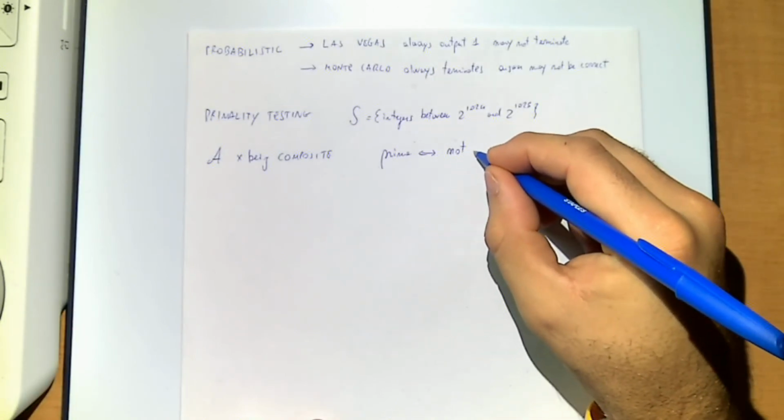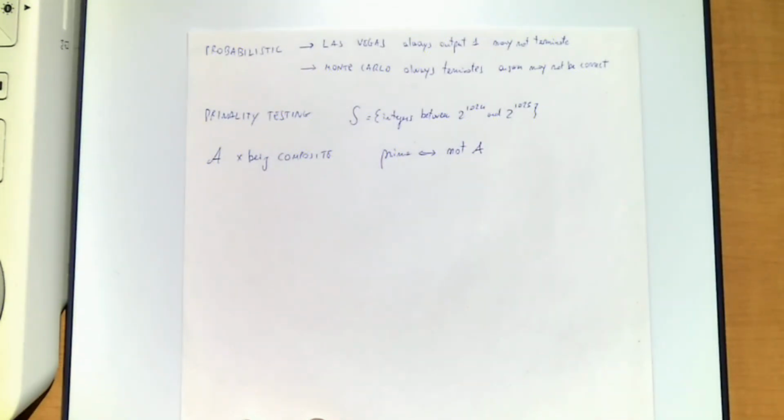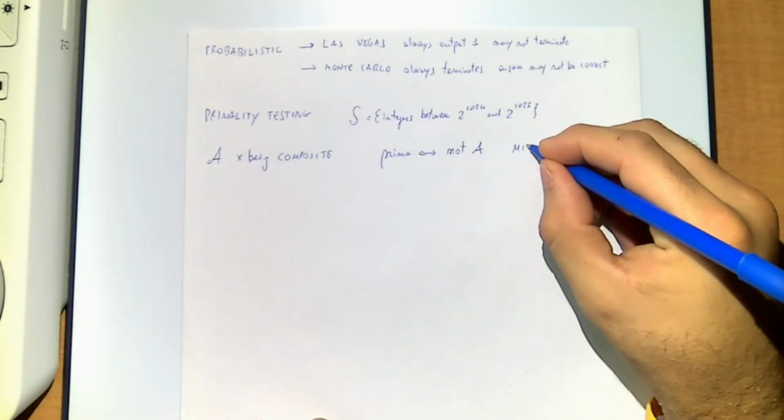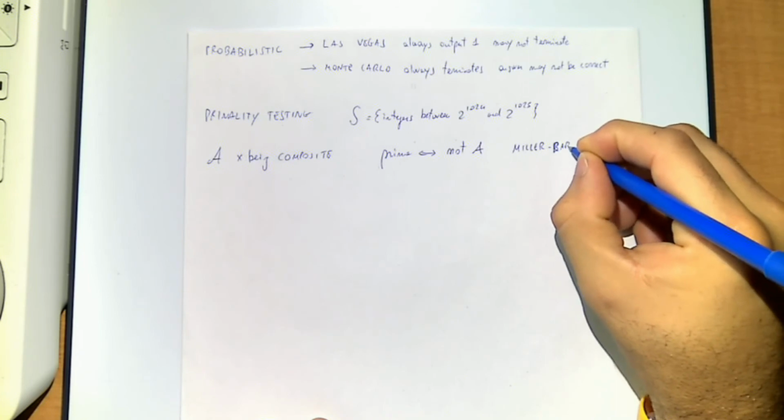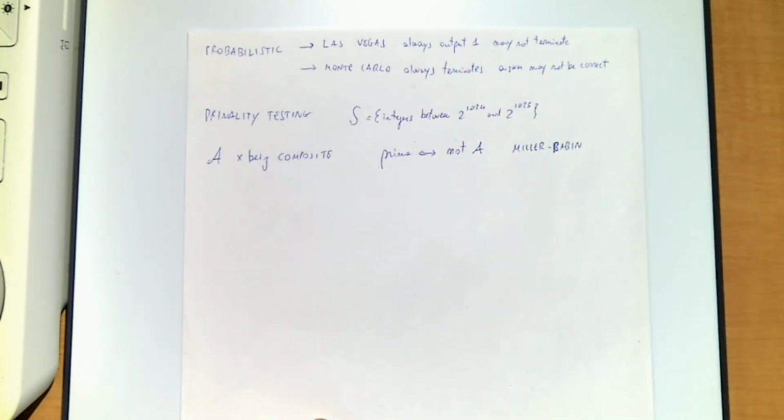A is just easier to write. Now, for example, what is one test that we did? The easiest one that we know is the Miller-Rabin test. This is a Monte Carlo algorithm, because you don't know if the answer is going to be correct or not in one case.